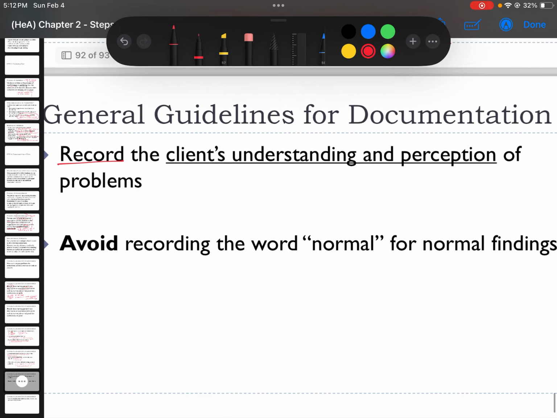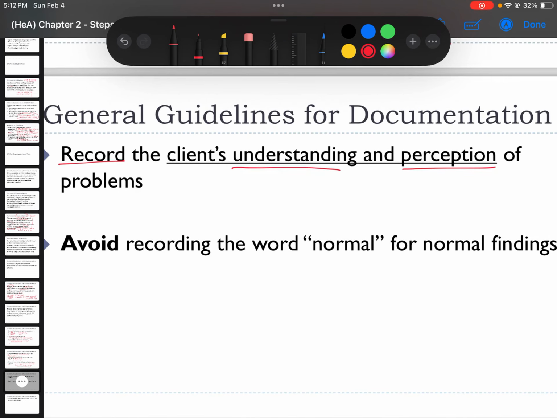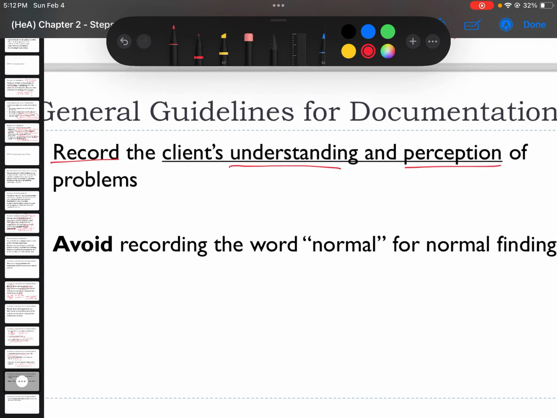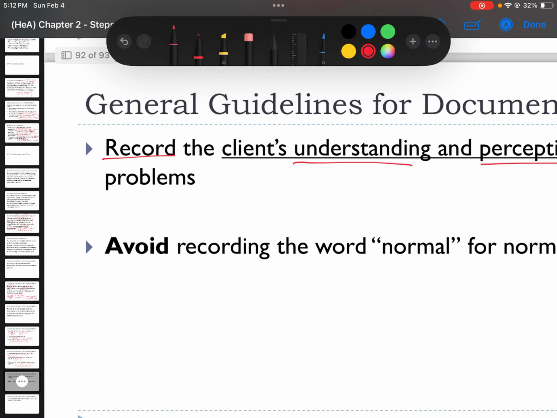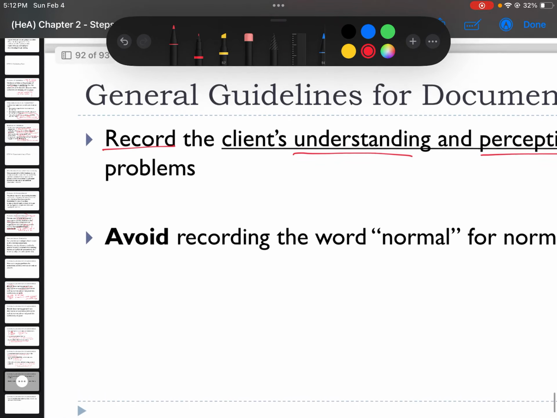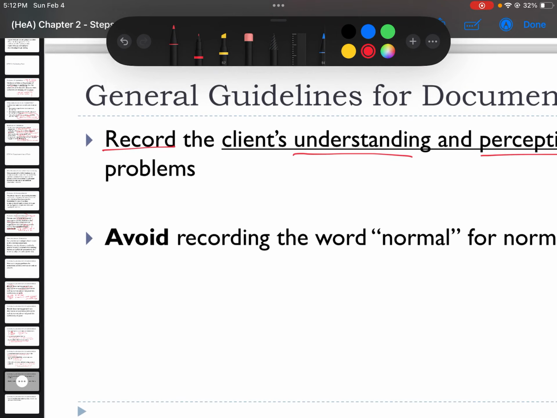Next is record the client's understanding and perception of the problems. Now, this is oftentimes something that we look past.